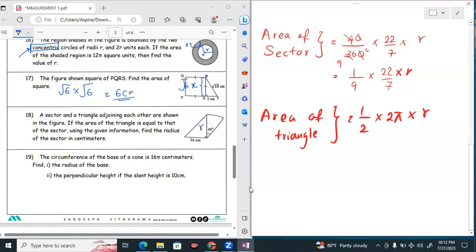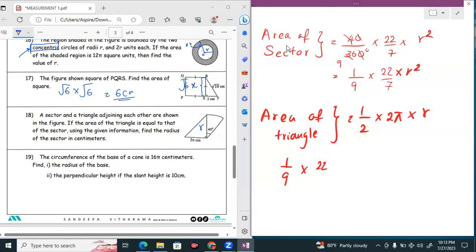Okay. Then what you have to do is you can equate these two. 5r squared, no? Then 1 upon 9 times 22, 22 upon 2.